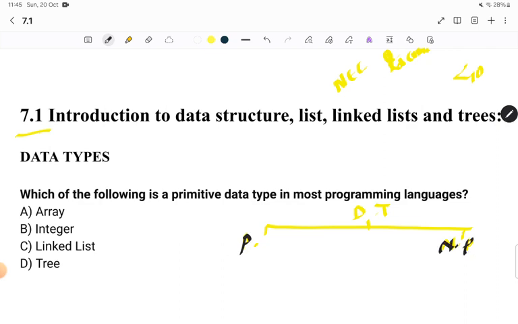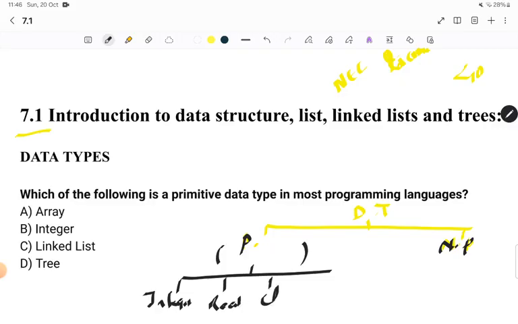Primitive means they are the fundamental data types which we use in our programming language. The primitive data types are integer, real or float, character and boolean, and one more primitive data type is null.